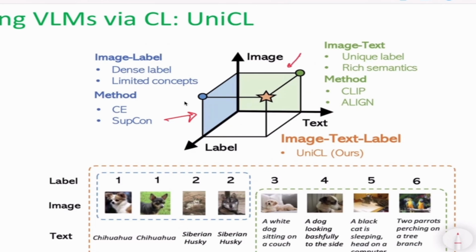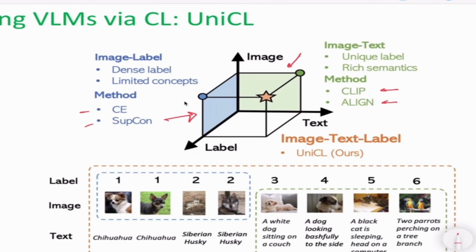So you have an image and you have corresponding rich text associated with it. It could be noisy, could be clean, doesn't matter, but that's the setting. And the method you use here is cross entropy, SupCon. We didn't study SupCon, but it's a very straightforward paper. And the methods which we studied here are CLIP and ALIGN.